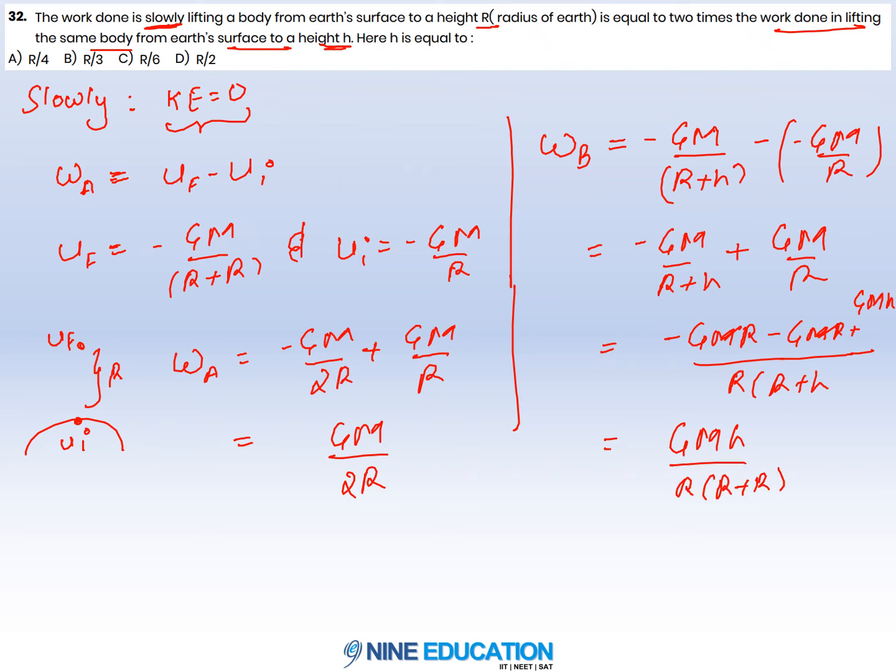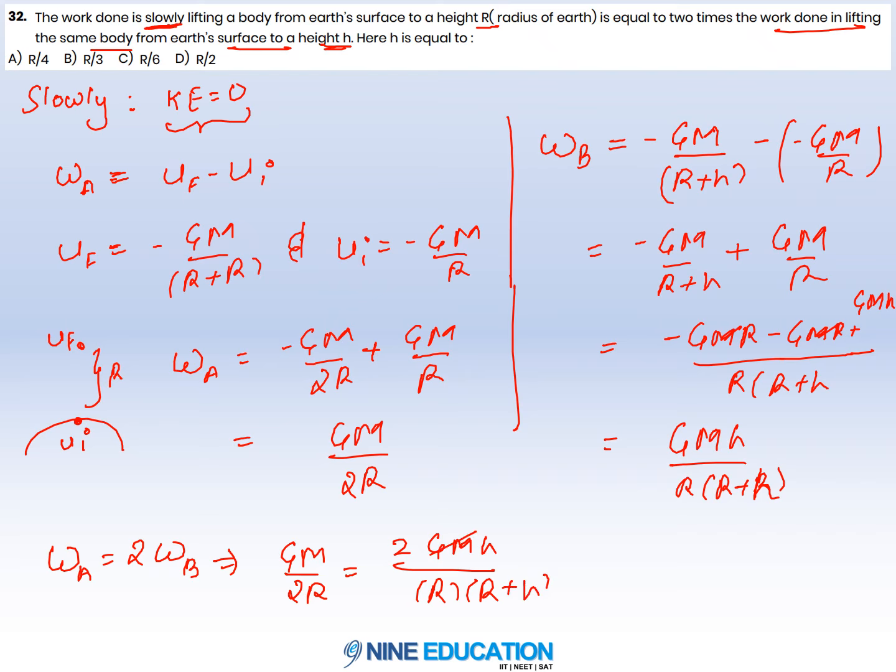So according to the question, Wa is 2 times Wb. So from here, GM by 2r is 2 times GMh upon r into r plus h.